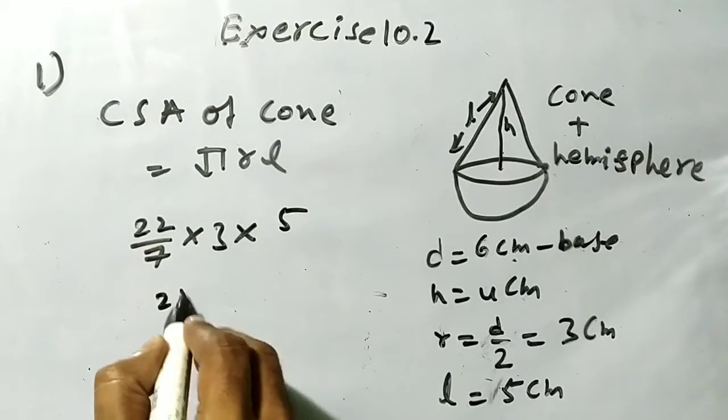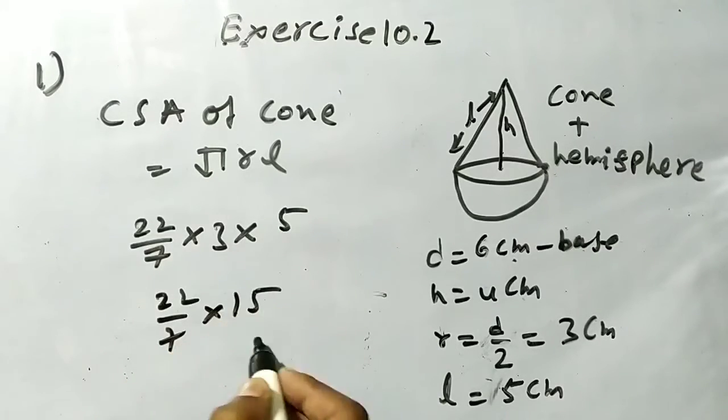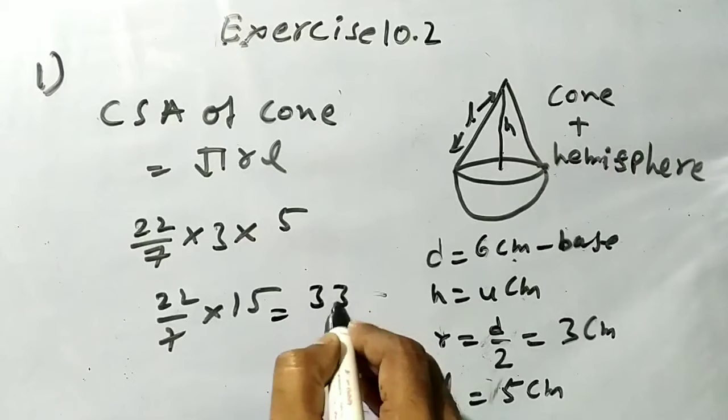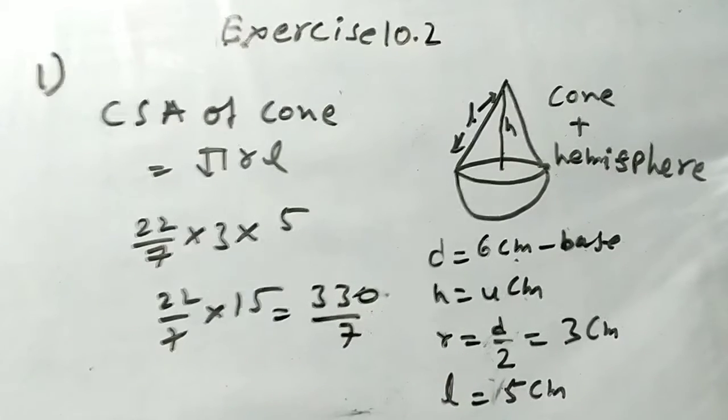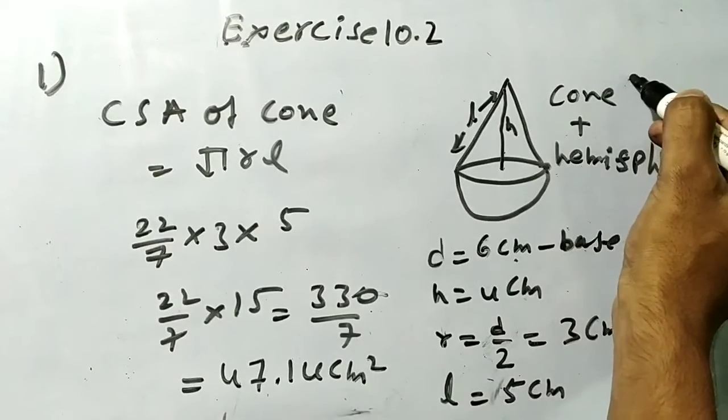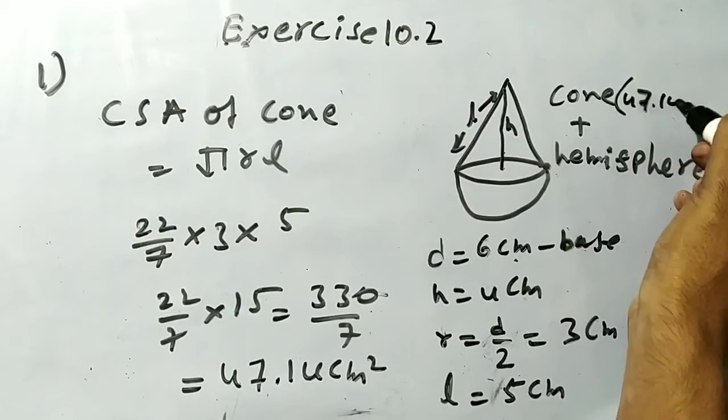So 22 into 15, that is 330. 330 by 7, we got 47.14. 47.14 centimeter square is the CSA of the cone. I will write the value here, 47.14.